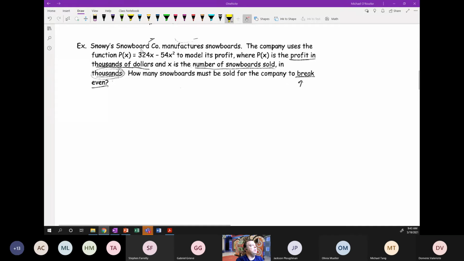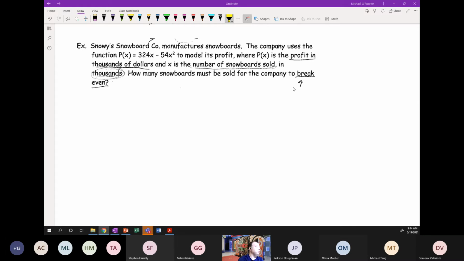So this one here says Snowy Snowboard Company manufactures snowboards. Hopefully manufactures snowboards with that name. The company uses this function to model the profits in thousands of dollars, and x is the number of snowboards sold in thousands. How many snowboards must be sold to break even?